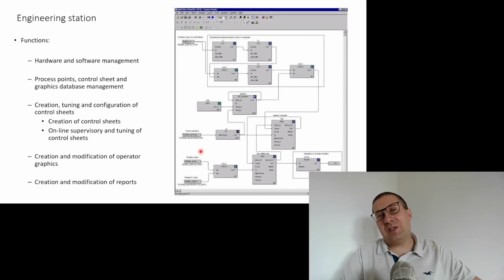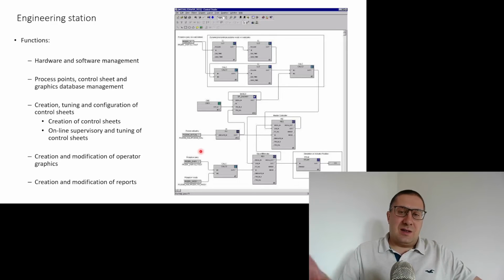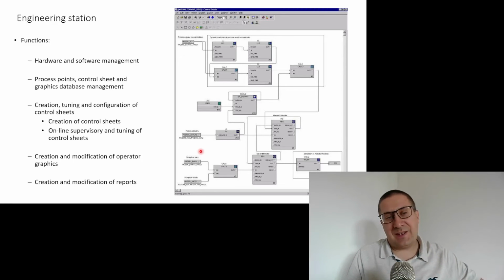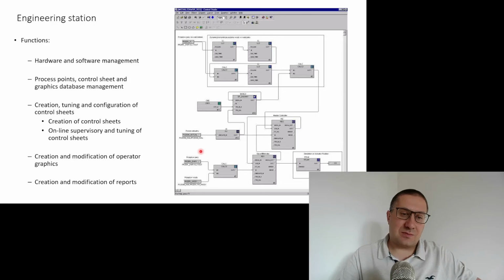And now the most interesting component, the engineering station. From the engineering station, we can manage software and hardware. We can add new process points, define alarms, create new control sheets, new control algorithms. We can create new operator graphics.